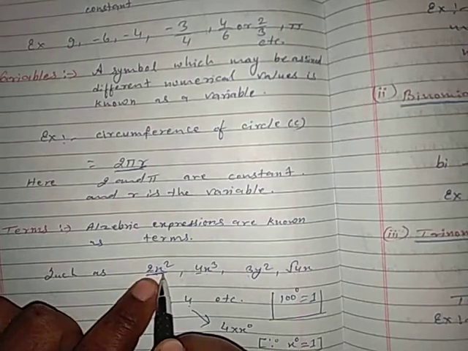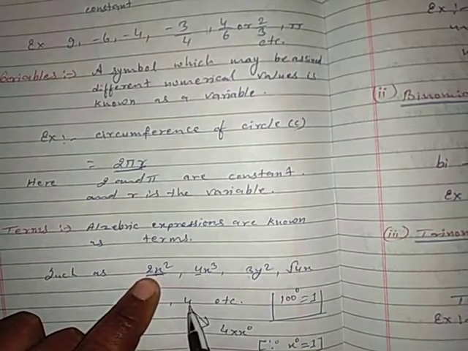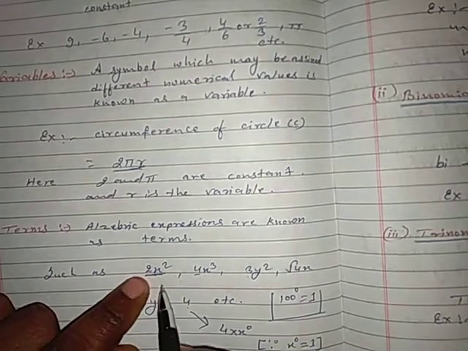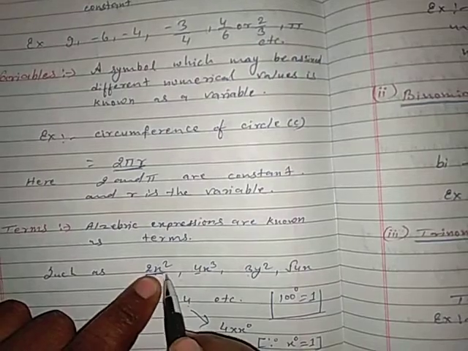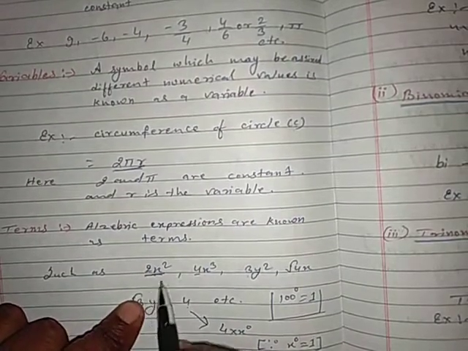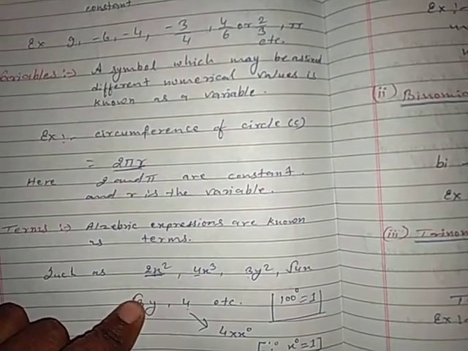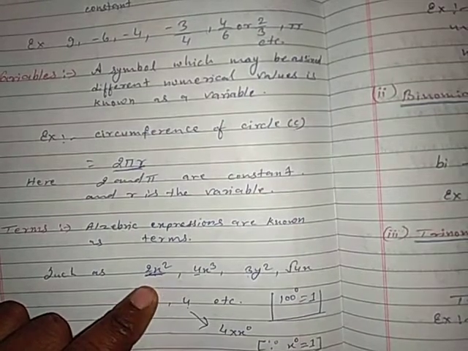The combination of numerical values and variables makes a term. Here in 2x square, 2 is the numerical value and x square is the variable.